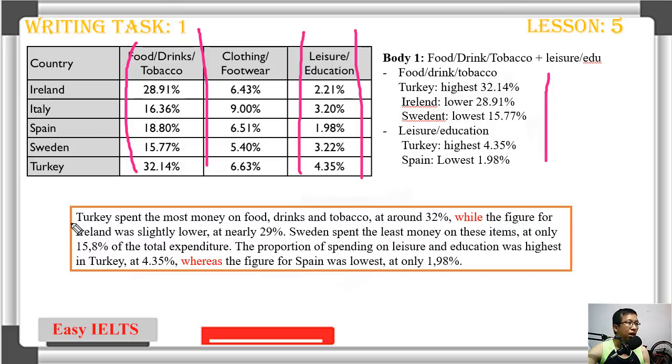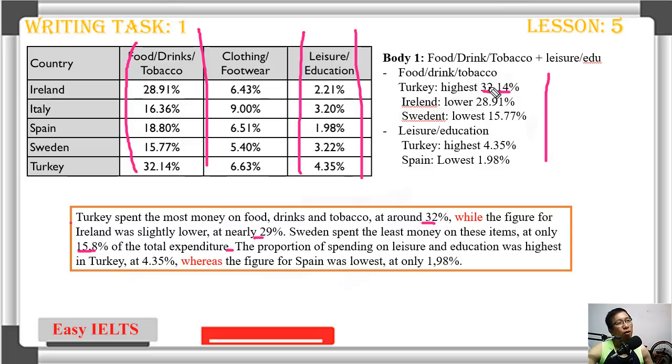So you will start: Turkey spent the most money on food, drink, and tobacco at around 32%, while the figure for Ireland was slightly lower at nearly 29%. Sweden spent the least money on these items at only 15% of the total expenditure.